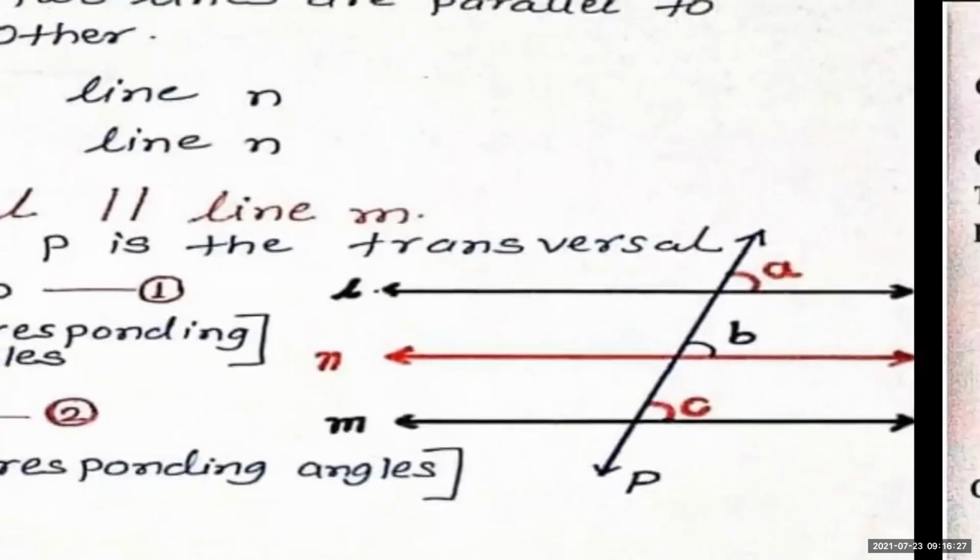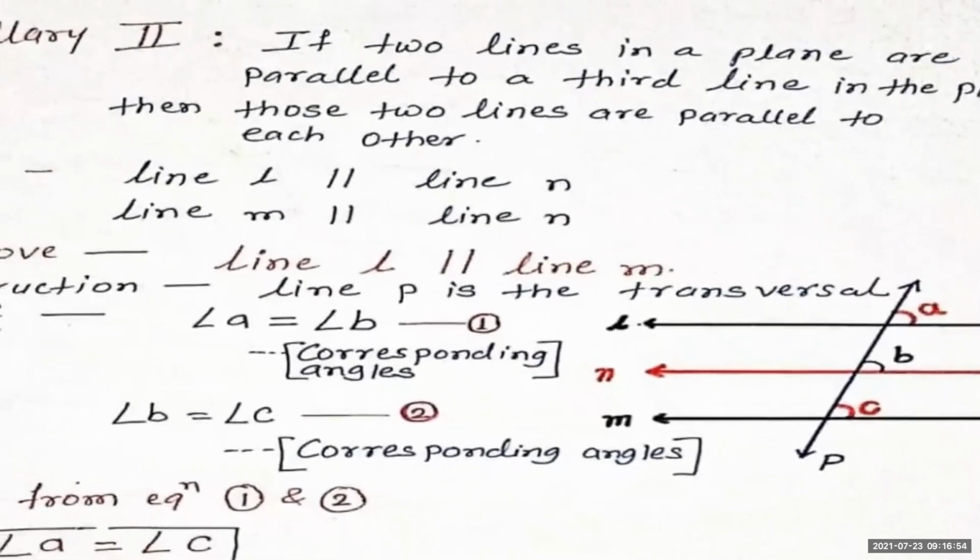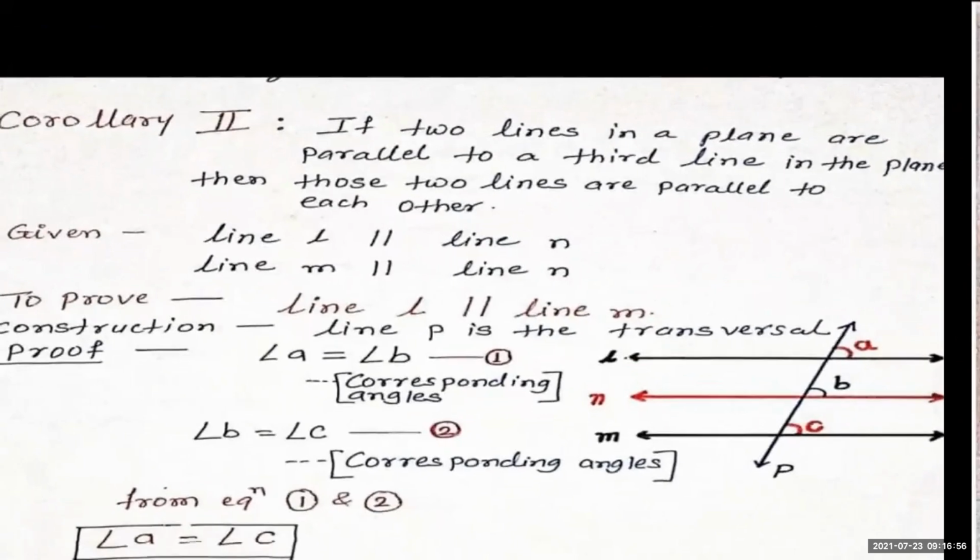Means if the first line is parallel to the second, the middle line, and the third line is also parallel to the second, then the first and third lines are also parallel to each other. That is the meaning here.